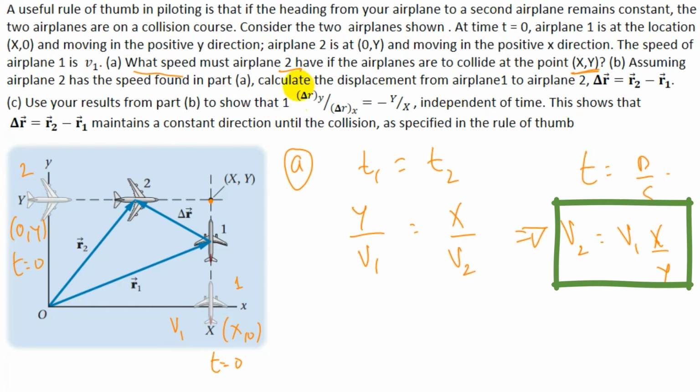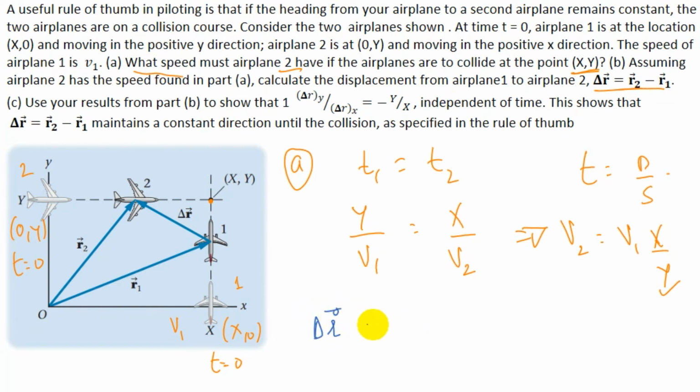Next, it says to calculate the displacement from airplane 1 to airplane 2, and we can use the results we calculated in part A. The displacement vector delta r is r2 minus r1, which we studied in previous chapters.